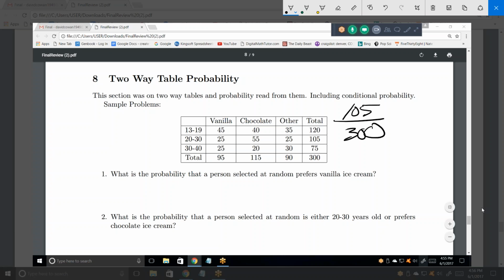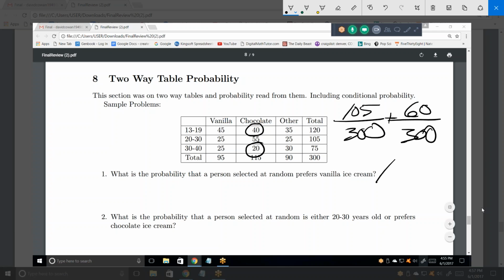Or they prefer chocolate, which means that and that. There's 60 other people that prefer chocolate, right, that are not 20 to 30 years old. So I would have to add to that 60 over 300.